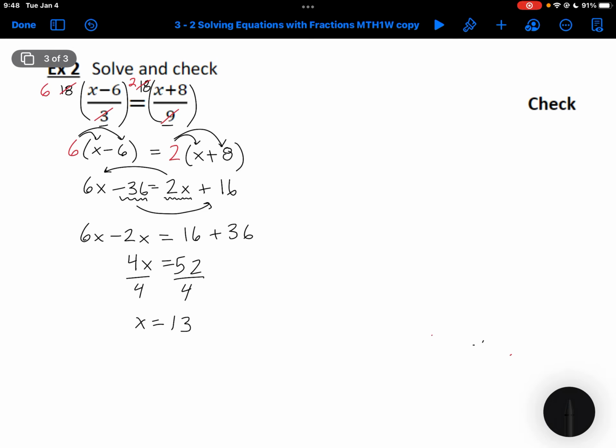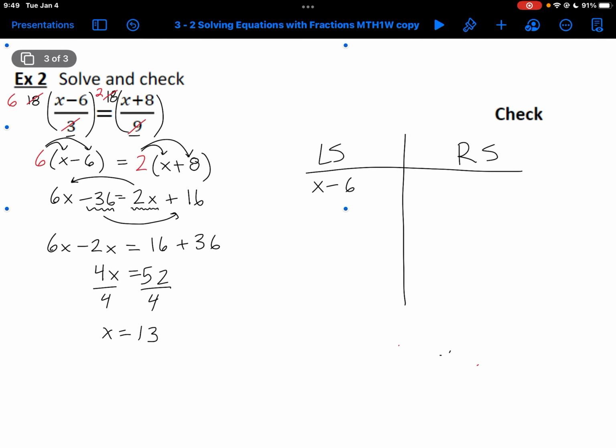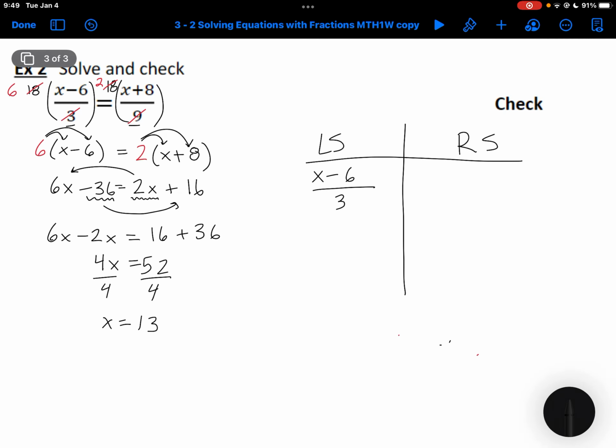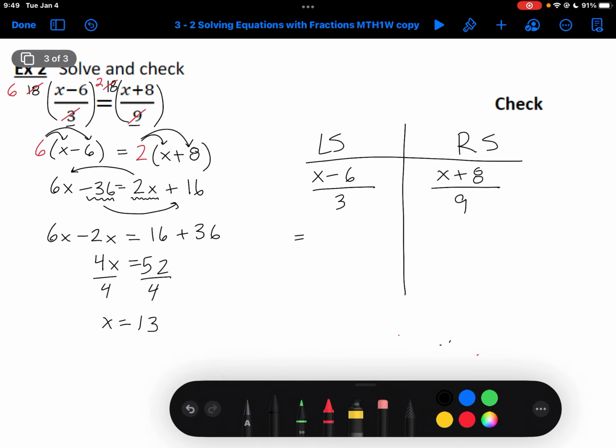Now this one was a little bit trickier. The numbers were a little bit larger, so I'm going to do a formal check to make sure that I have the right answer. So left side and right side. My left side is x minus 6 over 3, and my right-hand side is x plus 8 over 9. So I think my answer is 13.